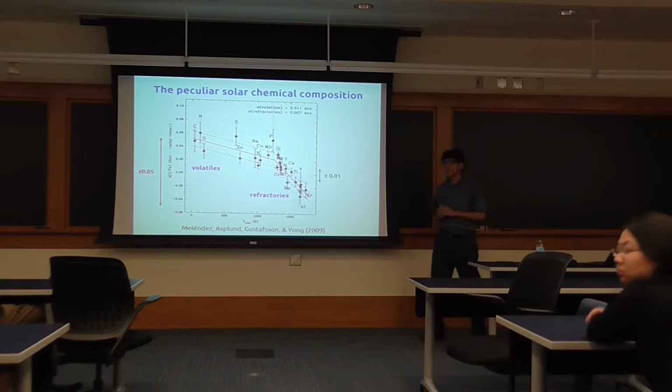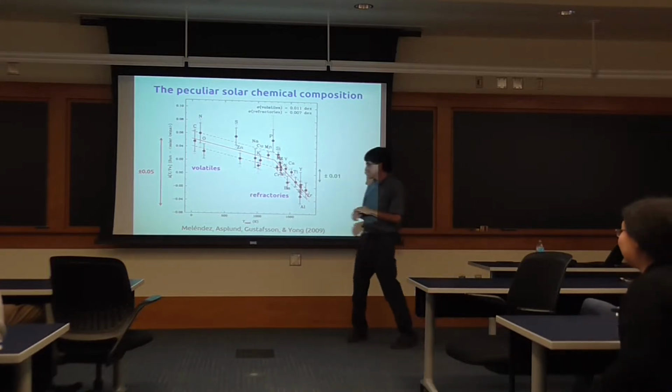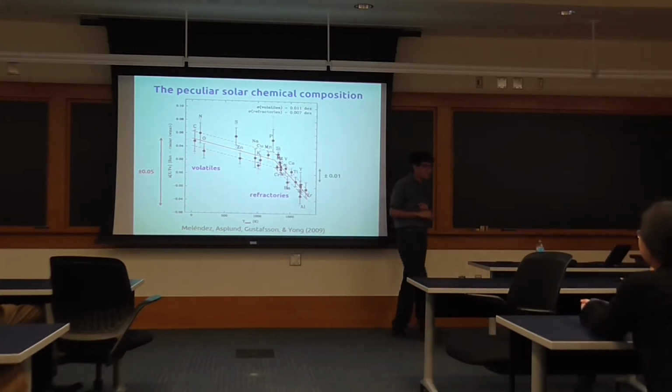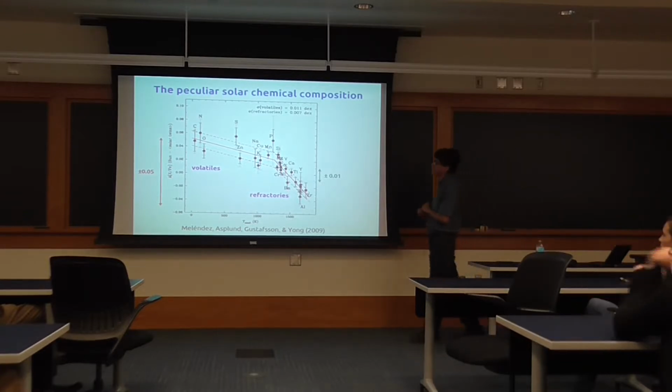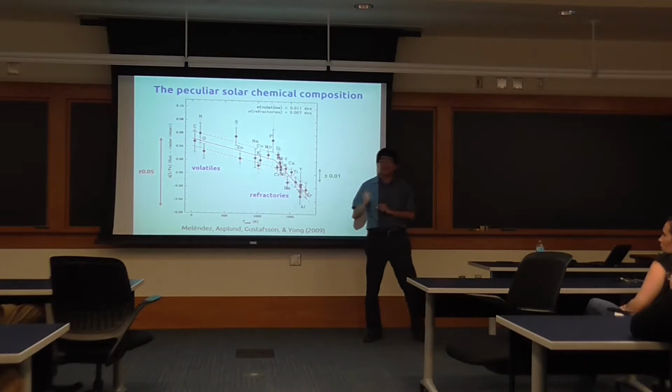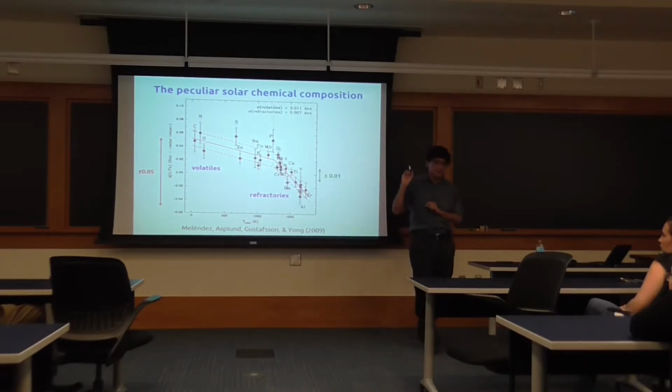Yes, you have a question? What's the condensation temperature? This is the 50% condensation temperature, the temperature at which 50% of a given element condenses into something in a solar composition gas.